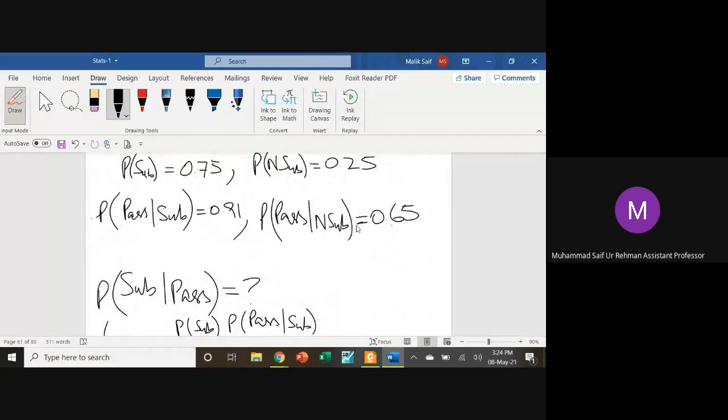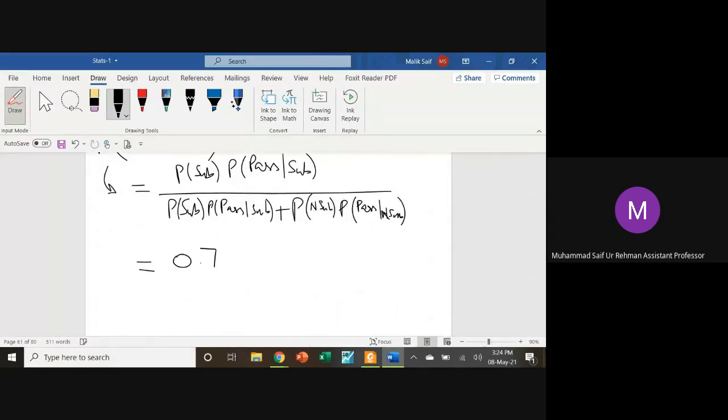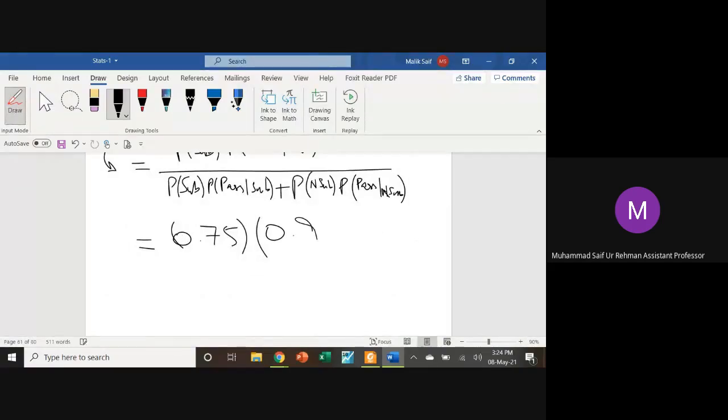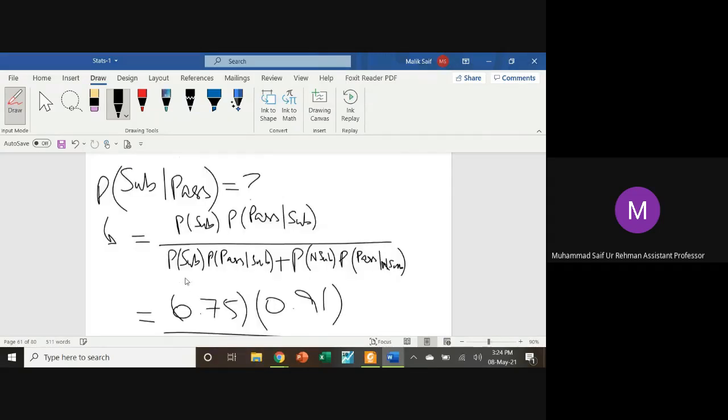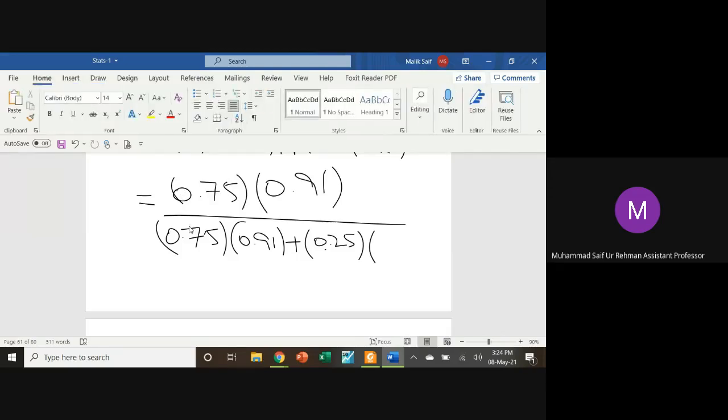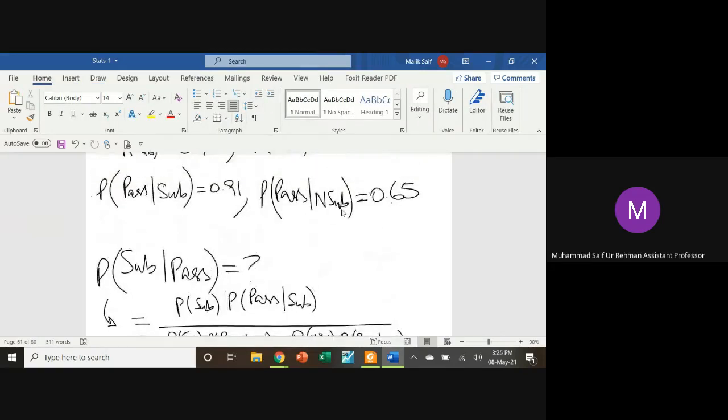Give me the figures. 0.75 multiplied by pass given submission 91%, 0.91, divided by the same value, 0.75 multiplied by 0.91, plus not submission 25%, I mean 0.25, let me correct it, 0.25 multiplied by pass given not submission, 0.65.